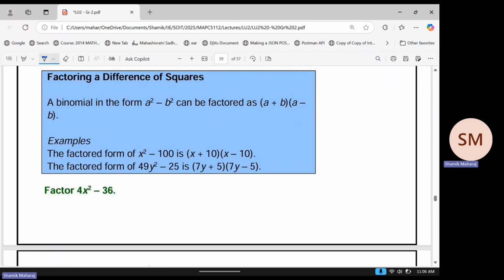So this one up here can be rewritten as, let's see, a in this case would be 2x, and so 2x plus 6 times 2x minus 6. Again, just following rules from the box, which you don't have to know. It's useful if you want to know it.